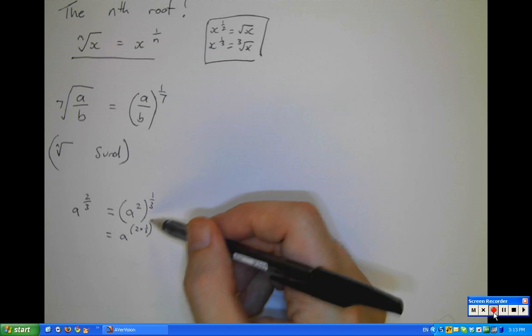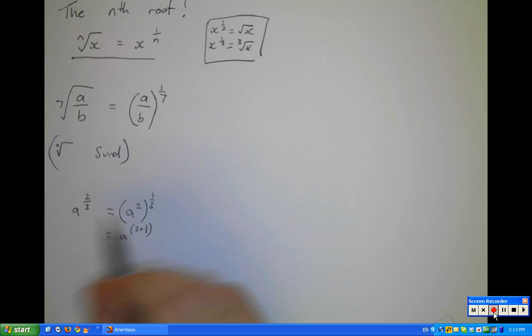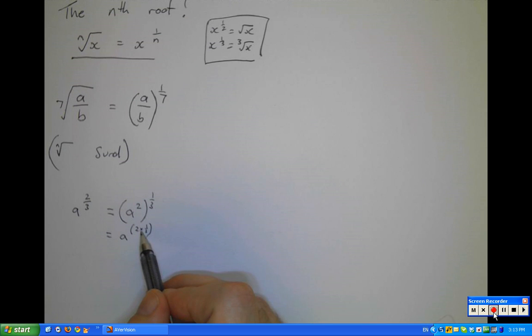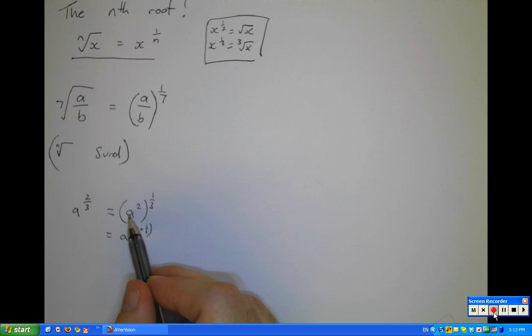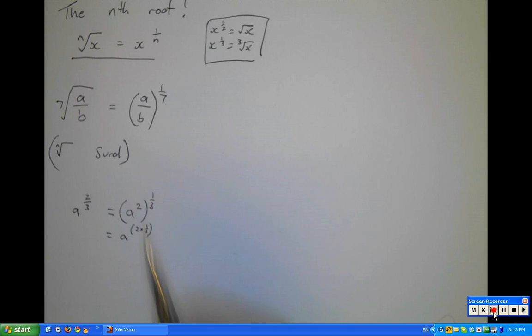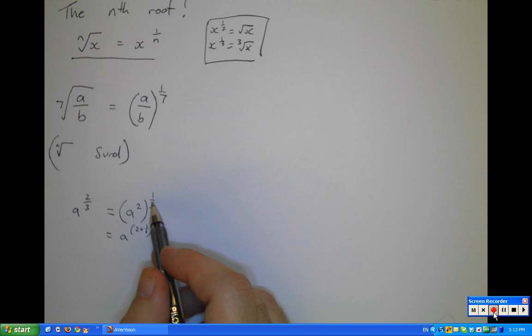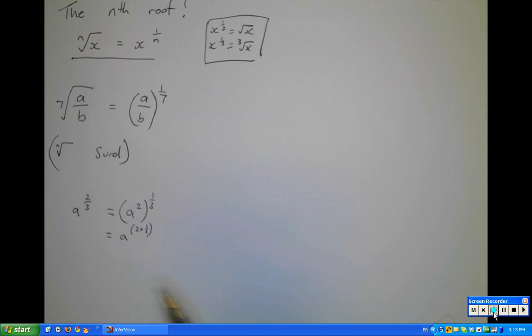So because 2 times 1/3 equals 2/3, I can rearrange it to say a to the power of 2, to the power of 1/3, is the same as a to the power of 2/3. So what would I do from there? Well, that is pretty much how I could leave it.